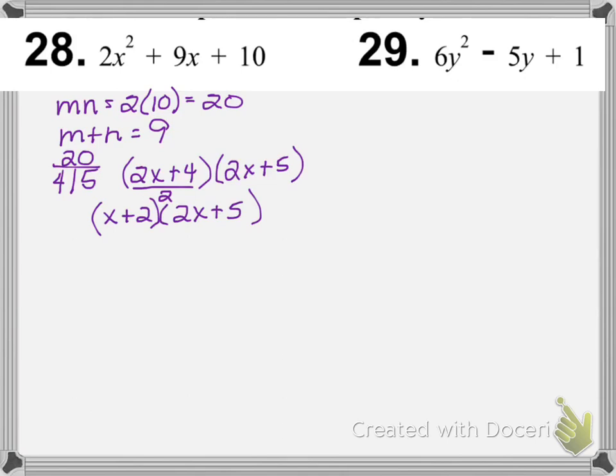And we can always go ahead and check it. So the first x times 2x is 2x squared. 2 times 5 is 10. Here we have 4x. Here we have 5x. And when we add those together, we get 9x.